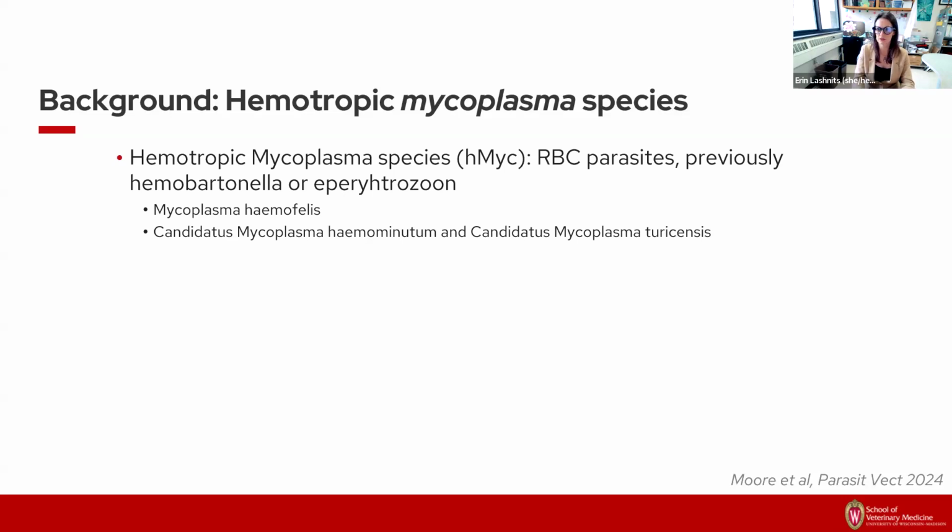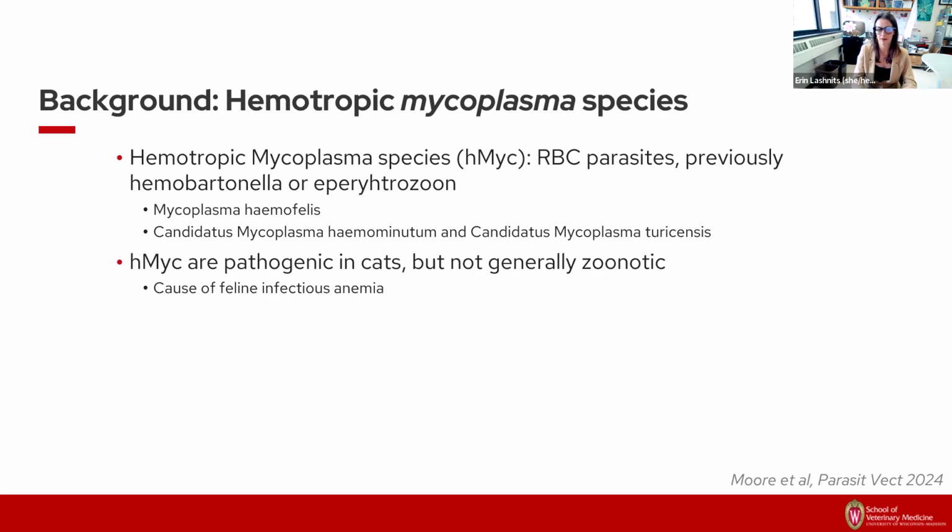The current species names, the main one in cats is Mycoplasma haemofelis. And then there are two candidate species that are thought to be maybe a little less pathogenic, Mycoplasma haemominutum and Mycoplasma turicensis. As I said, these are pathogenic in cats, but generally don't cause human infection.